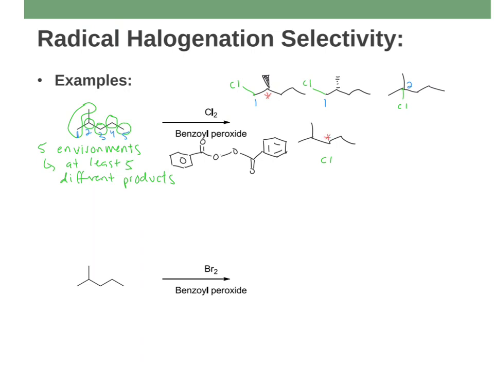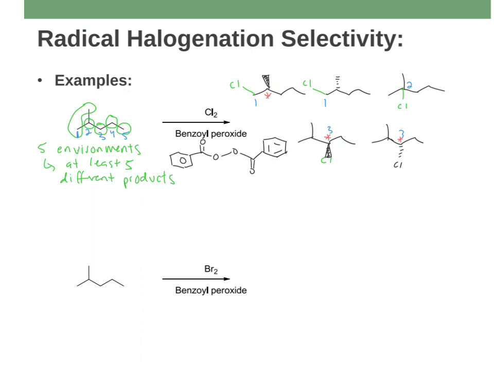So I need to consider, what if it is a wedge, and what if it's a dash? All right, so I'll draw one where it's a wedge, and I'll draw one where it's a dash. And that's just 2 products that came from putting a chlorine on that 3rd carbon in that 3rd environment.